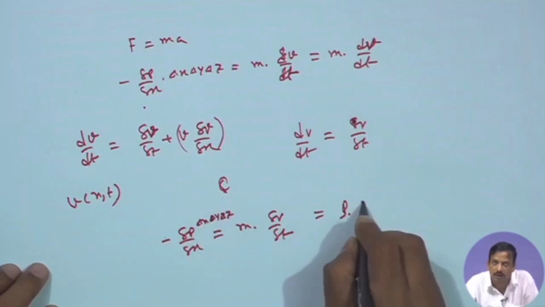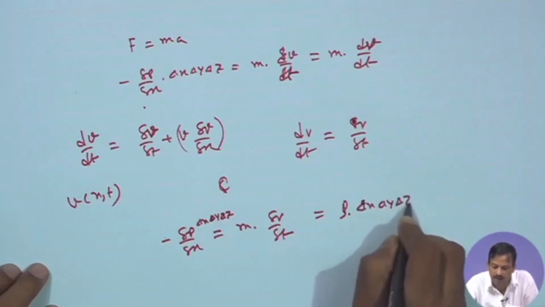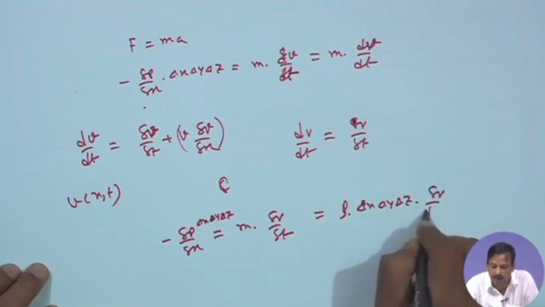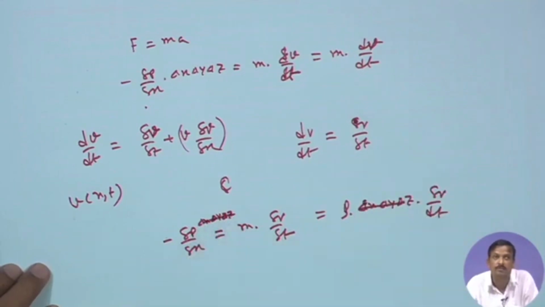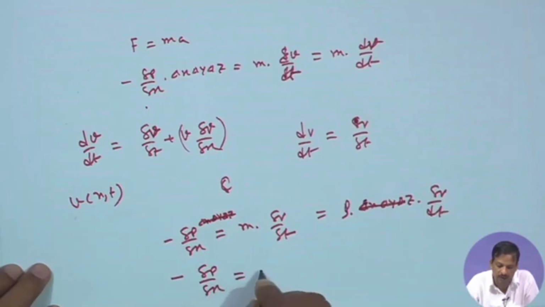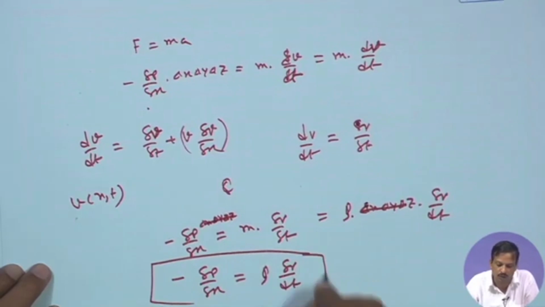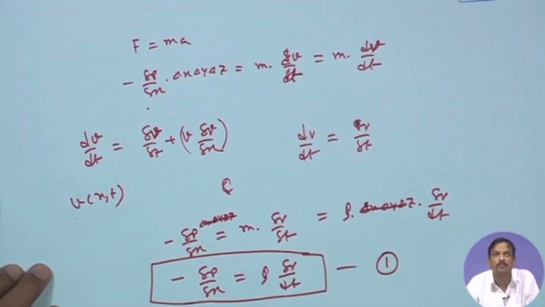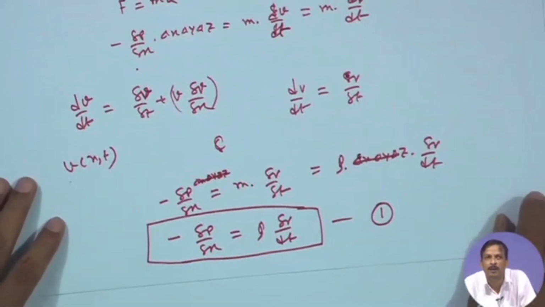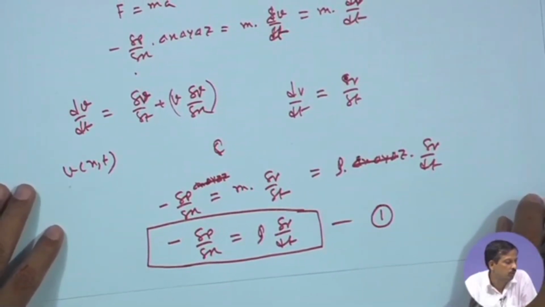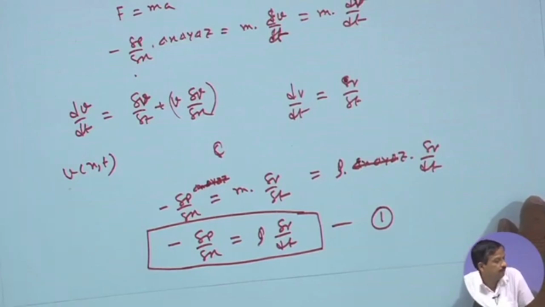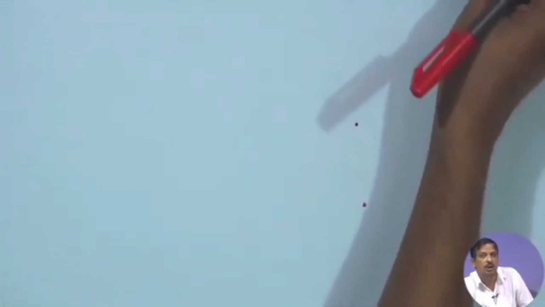So minus del p by del x del x del y del z is equal to rho del x del y del z into del v by del t. This will cancel. So I can write minus del p by del x is equal to rho into del v by del t. This is wave equation number 1, Newton's second law of motion.